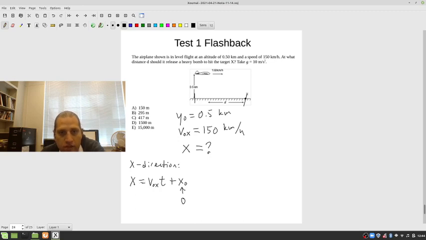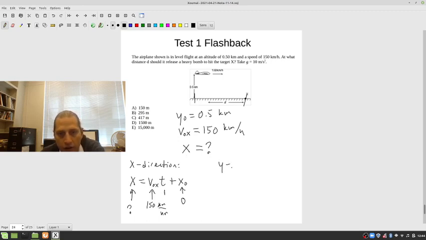And this x is going to be that distance d, that this is what we want to find. And we are given this in 150 kilometers per hour. You need to convert that, however, into meters per second so that it plays nicely with your g. However, at this point, I don't know what t is.